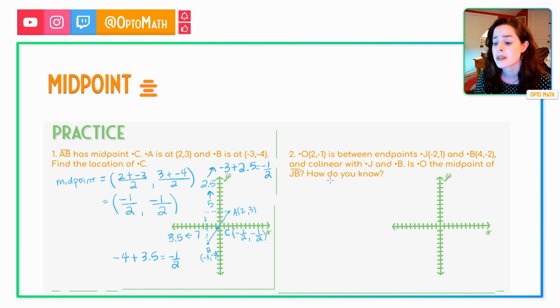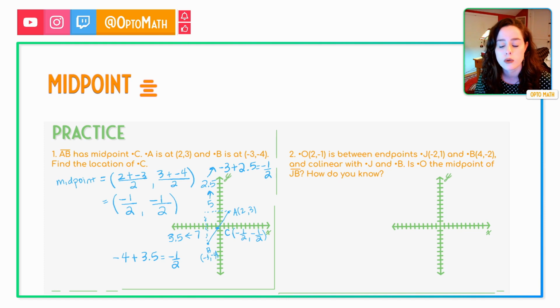Okay, so it told us some info like it's collinear. So point O is at least on the segment JB. But we want to know, is it the midpoint? We know it's between as well, but just because you're on the segment and you're between the endpoints doesn't make you a midpoint.